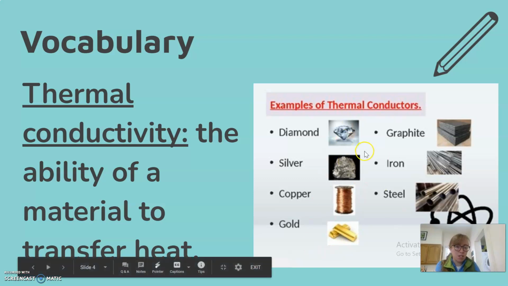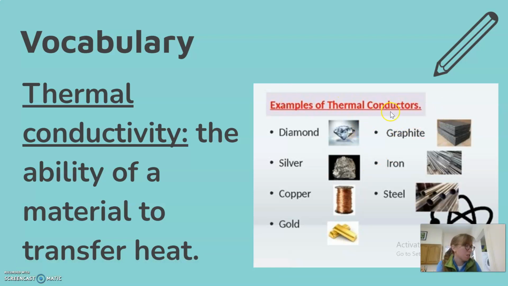The images here are some objects that have really high thermal conductivity, so we might call them thermal conductors. And basically what this means is an object is able to transfer heat really quickly. So I actually just made some bread in a metal pan, and you can probably imagine that I didn't take that metal pan out of the oven just with my bare hands, and that's because metal has a really high conductivity.